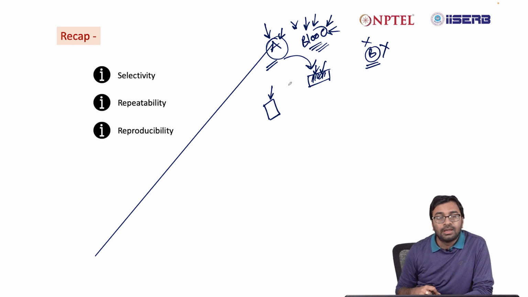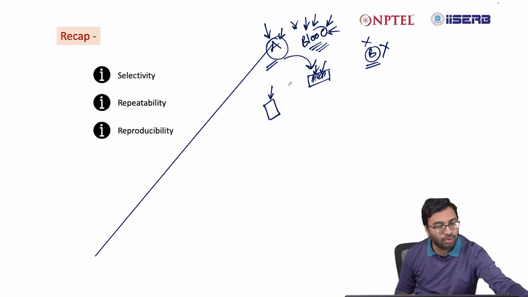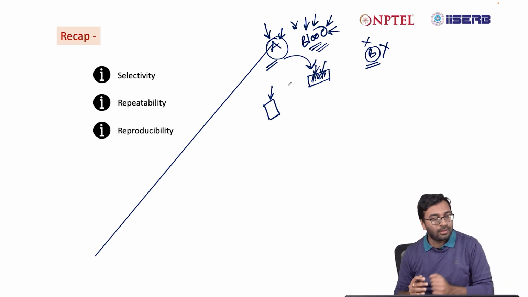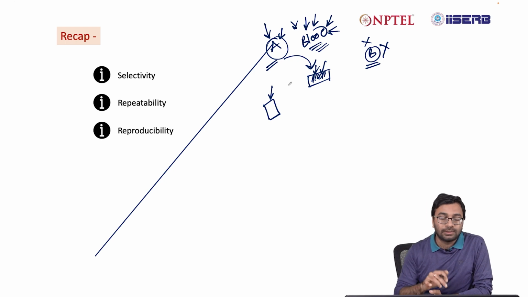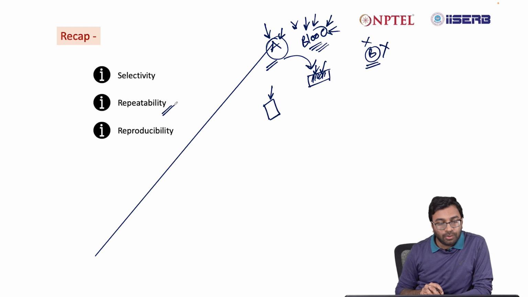Then we have seen reproducibility. Again, reproducibility is very close to repeatability, but it is something that we usually use for different batches of sensors.